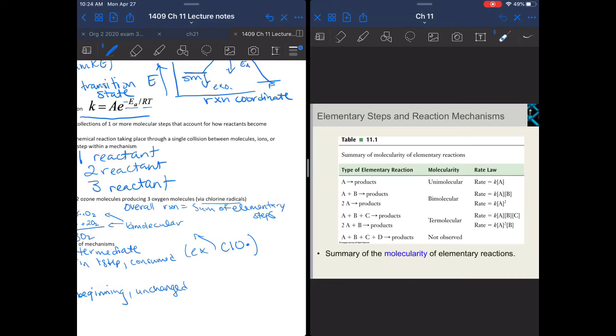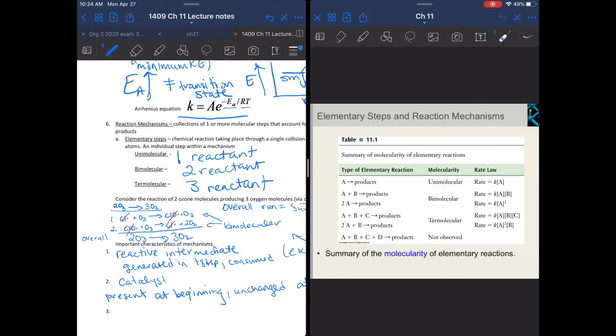Now, in this reaction, that would be the chlorine radical. It's necessary. It's in step 1, we see right here, but it is regenerated in step 2. So overall, it's unchanged. You have it at the beginning, you have it at the end, it facilitates the reaction. So both reactive intermediates and catalysts are not present in the overall reaction, but one is there at the beginning and the end, the other is generated and then used up.